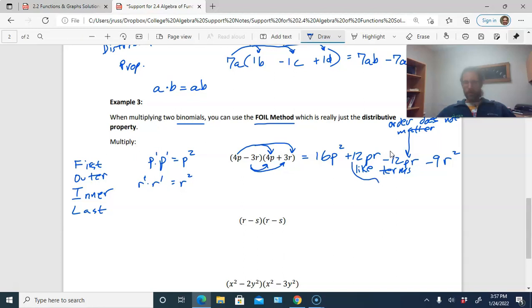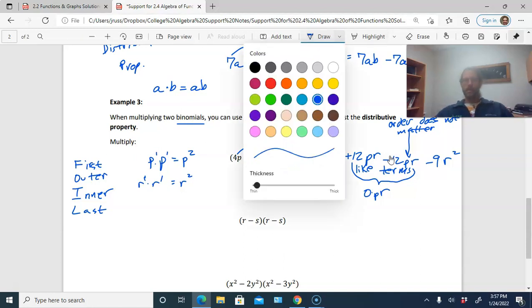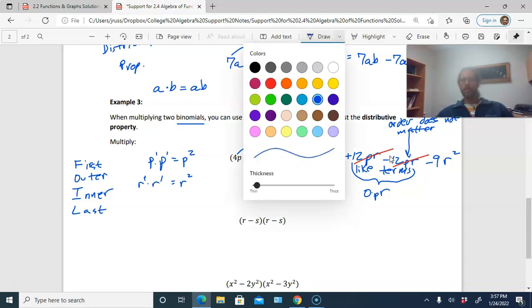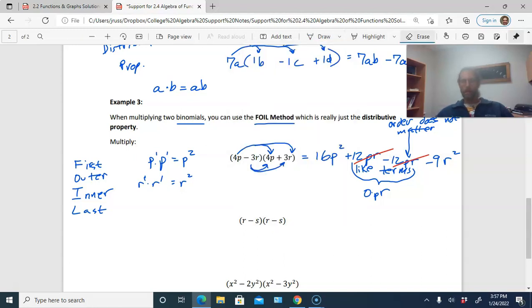The issue, though, is that when we combine them, 12 minus 12 is 0. So technically we should get 0pr. But guys, 0 times anything is 0. So you're not going to have anything left from those two terms. Or in other words, you can think of it like they cancel each other out because they have opposite signs.